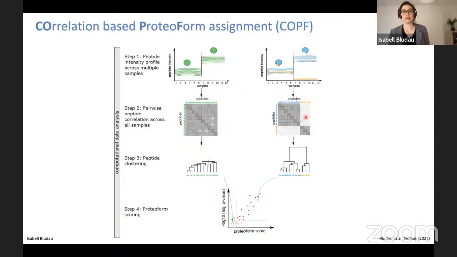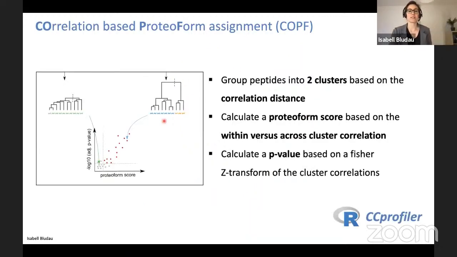So the idea in COPF is that we take these peptide correlations and perform a hierarchical clustering and group the peptides into two clusters based on the correlation distance. And then we can calculate a proteoform score based on the within versus across cluster correlation, and actually also calculate an associated p-value to this proteoform score.